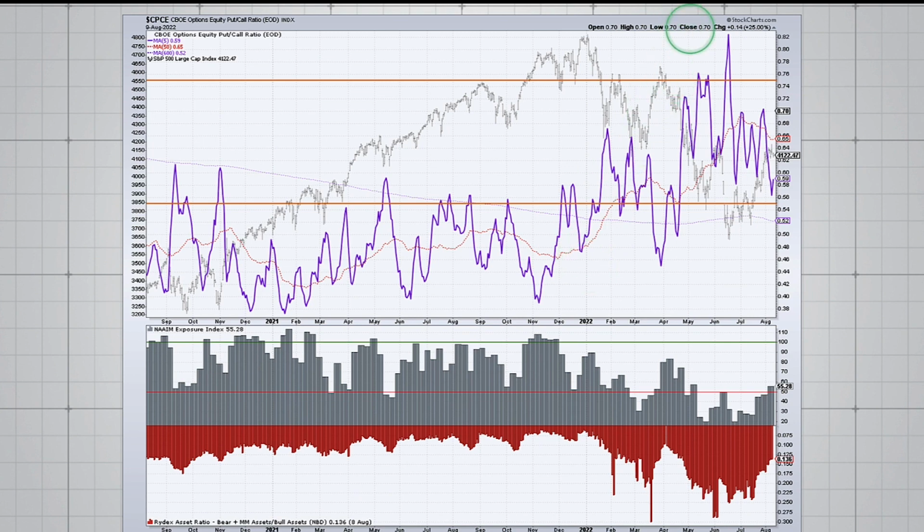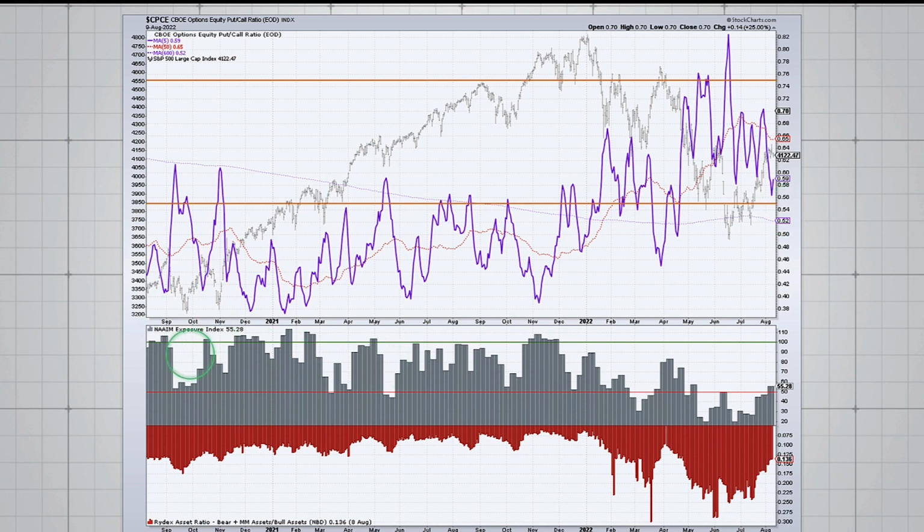When we get above the top orange line, that's where we start to get really pessimistic. That means traders are coming into the market and buying lots and lots of puts. Anything in between these two orange lines is the neutral zone. So while we are moving back towards that complacent level, from a put-call standpoint, traders are in the neutral zone here, which is good to see.